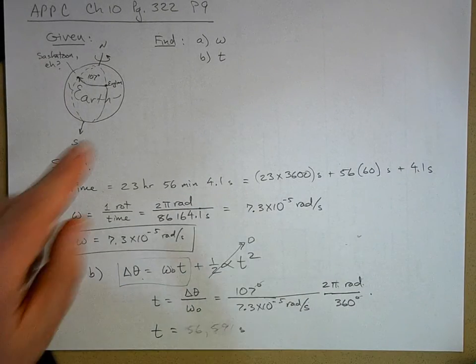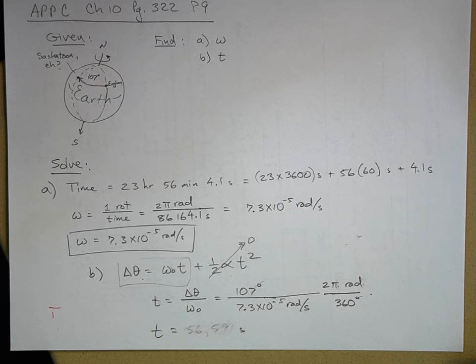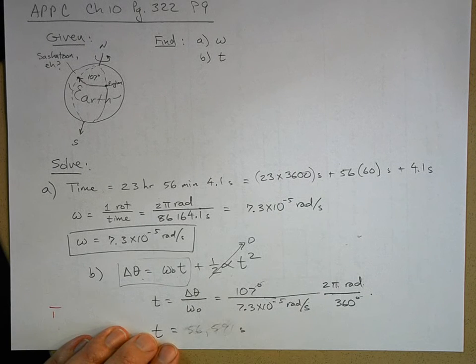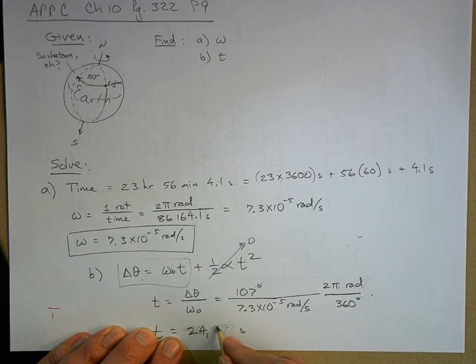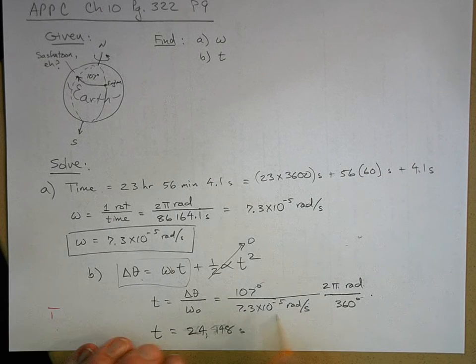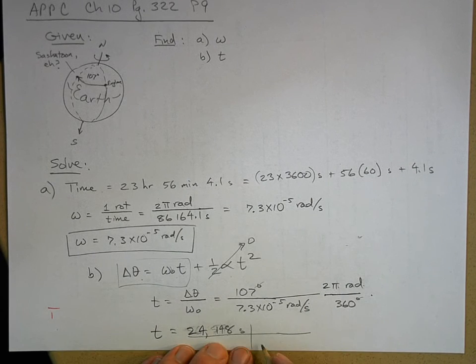Because 107 is a little less than a third, so it should be about a third of a day. Instead, I got something that was more like 2/3 of a day. I don't know where I made the mistake when I punched it in, but it's 24,148 seconds.